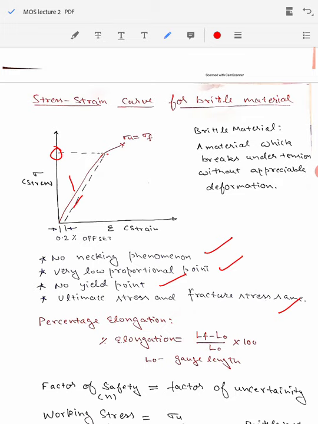And we usually take this value in order to design the component. In some other cases, we otherwise take the value of sigma u for the calculation of dimensions of the component while designing. So in case of a ductile material, it is the sigma y which is taken as the strength of the component, and in case of a brittle material, it is either sigma u or proof stress taken as the design criteria for the component.